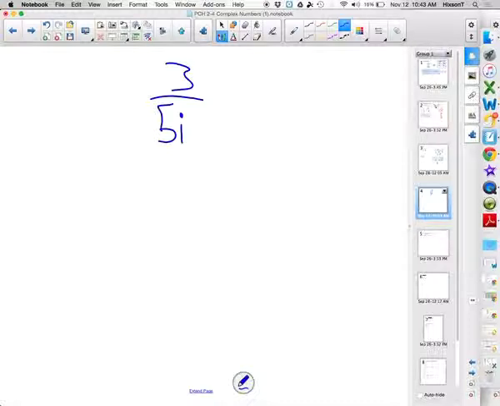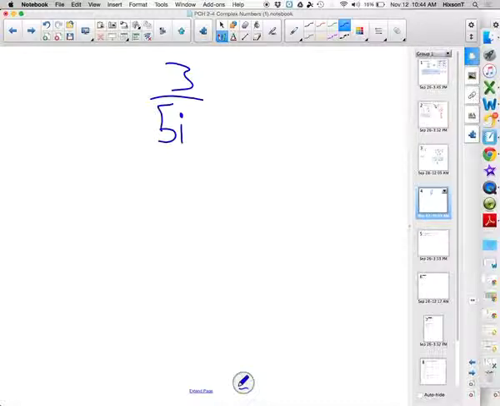Well, just because it's written as an i doesn't mean that it's something different. This is a radical. So I need to get that i out of the denominator. And how would I go about doing that?